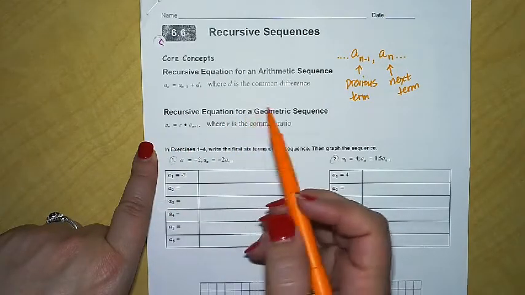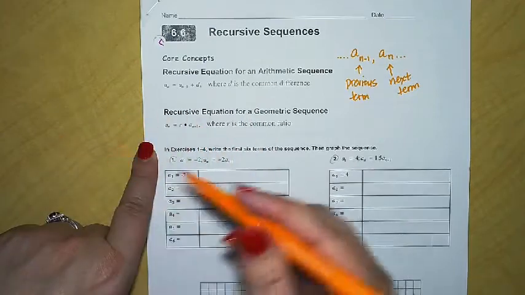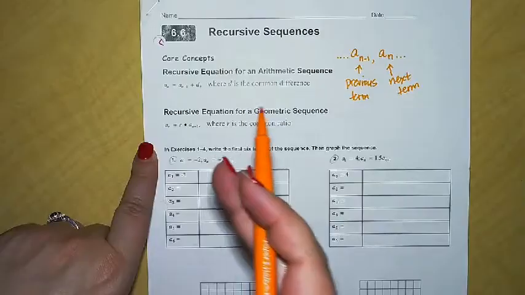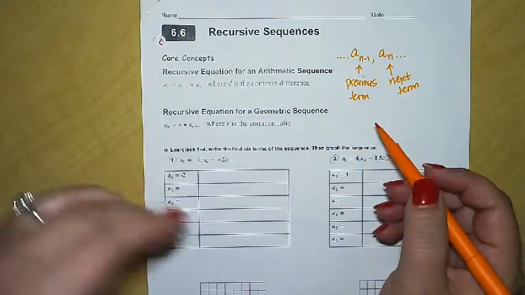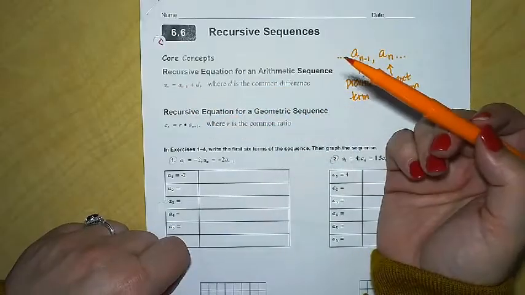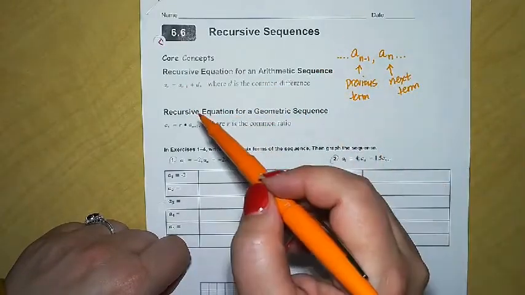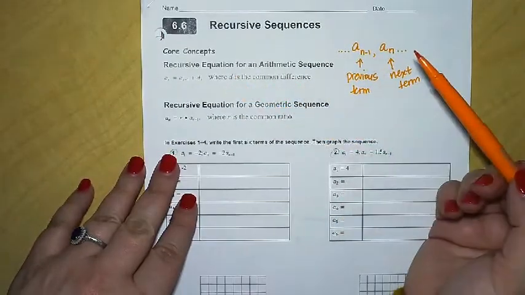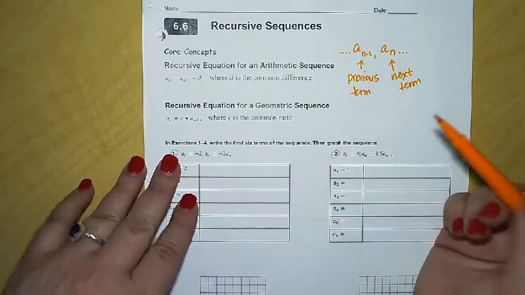Whenever you spot a pattern, let's say you started at 5 and you're going up by 2, so you're doing 5, 7, 9, 11. If you look at it and say, oh, they're always adding 2 each time, well, that's essentially your recursive equation. You're saying they're always taking the previous term and adding 2 to get the next term. You just gave the recursive equation of that.